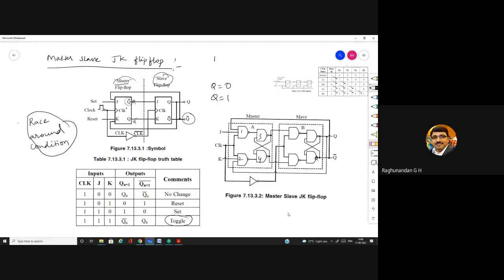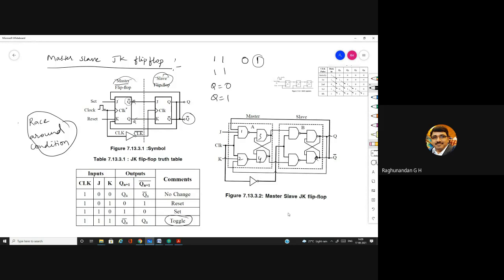Suppose 1 1 is given and the previous value was 0. Now the present value becomes 1. Until you give again 1 1, or again give a clock pulse, this value is not going to change.